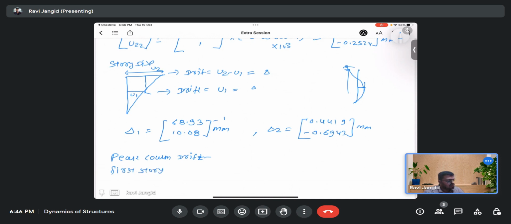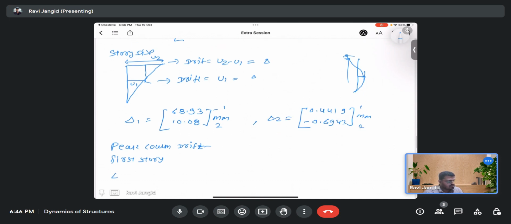For the first story, delta 1, it would be delta 1 1 square, delta 1 2 square, delta 2 1, not 1 2. So it would be 68.93 square plus 0.4419 square.